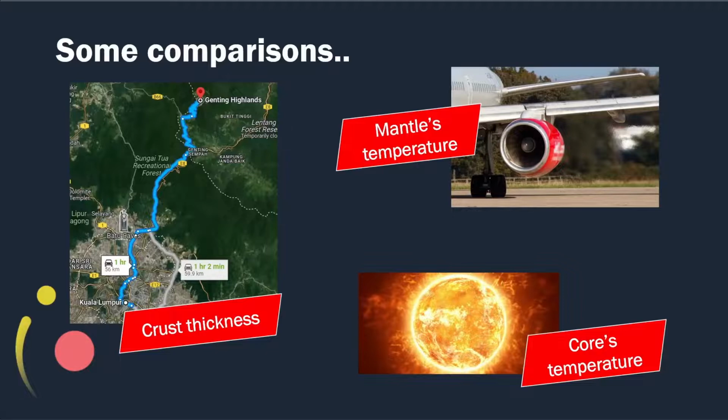From Kuala Lumpur to Genting Highlands is 56 kilometers. If you drive, it takes 1 hour more or less. So you see there, 56 kilometers, almost like our crust thickness.